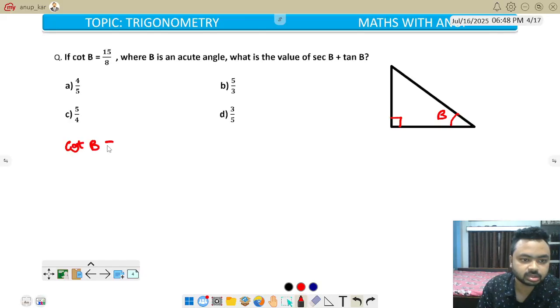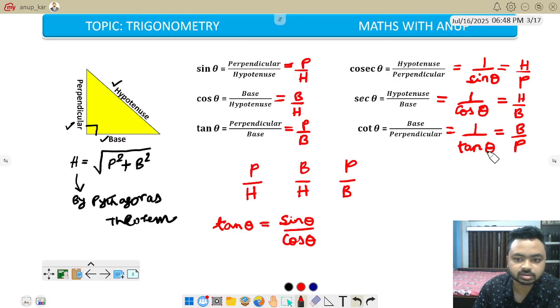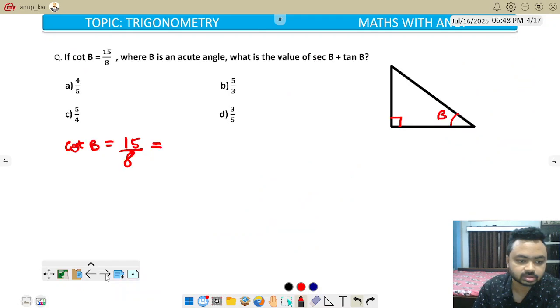Given cot B equal to 15 by 8. What is cot? You can see in the previous slide, cot theta is B by P, which means base by perpendicular. Here B stands for base and P stands for perpendicular. Now, base is how much?